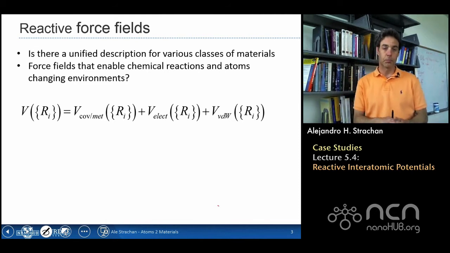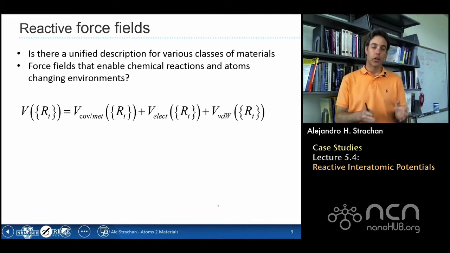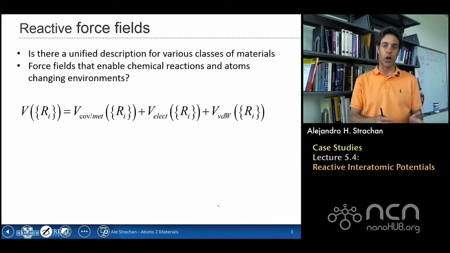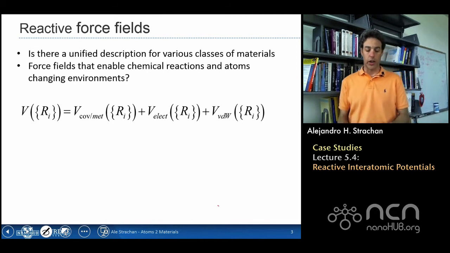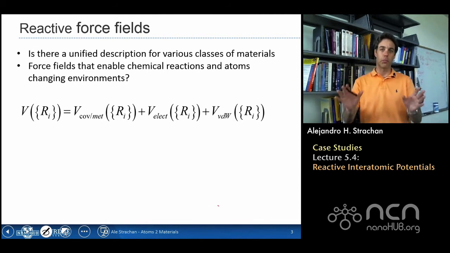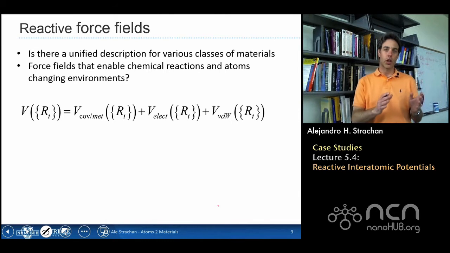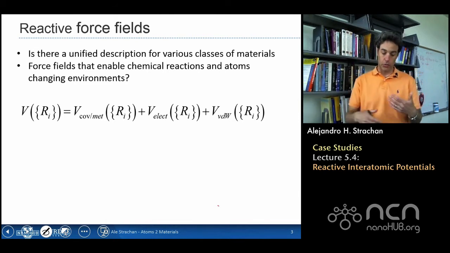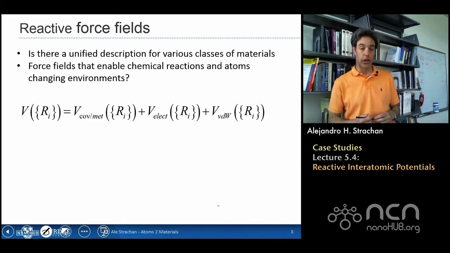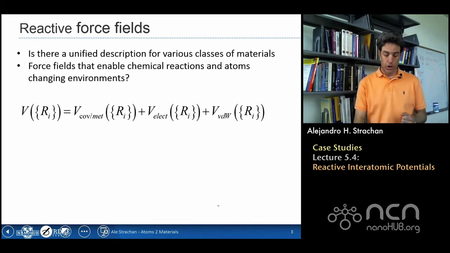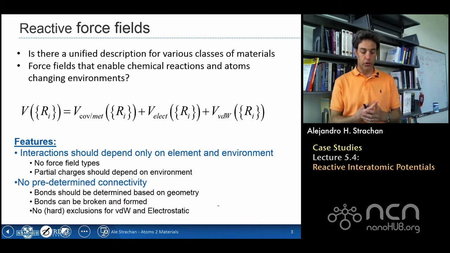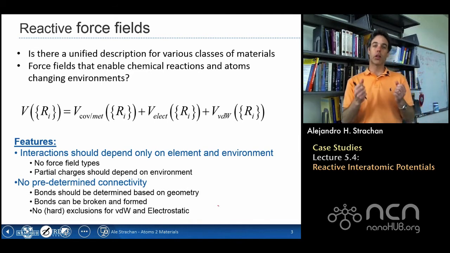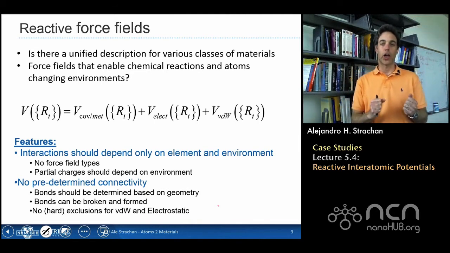In these potentials, the total energy is also described in terms of covalent or metallic interactions, electrostatics, and van der Waals. So the same division as before. However, the details of how we compute these energies are of course different, and that's what allows us to do chemical reactions. So there are a couple of features that I need to impose in a reactive potential.